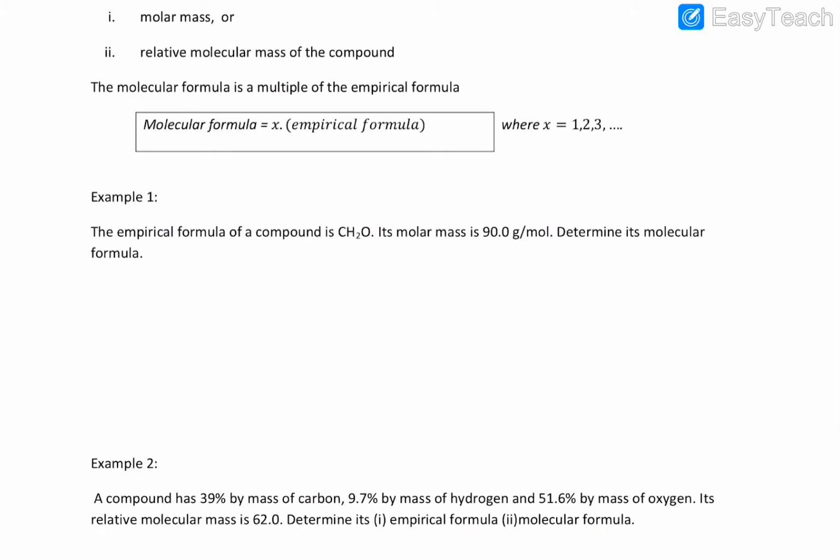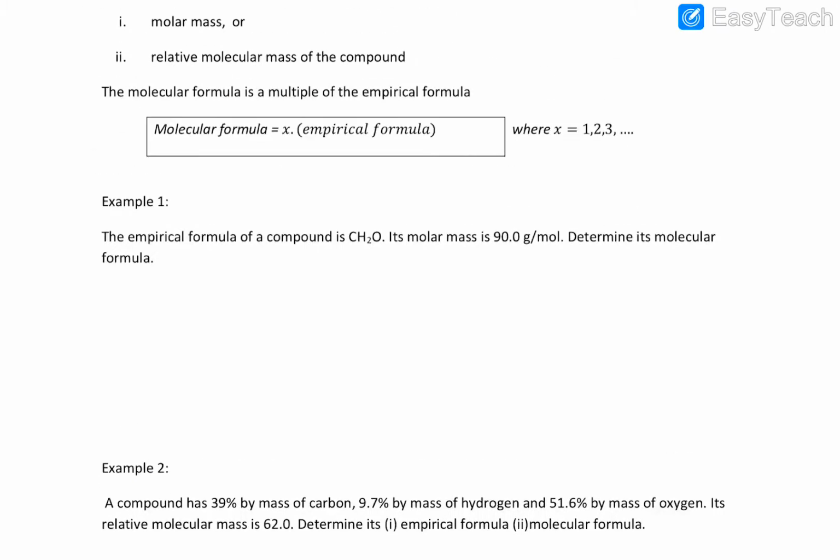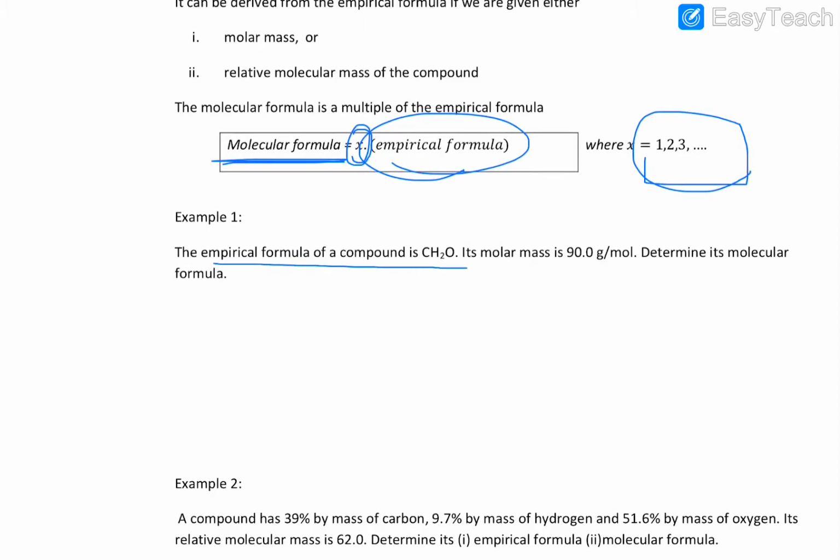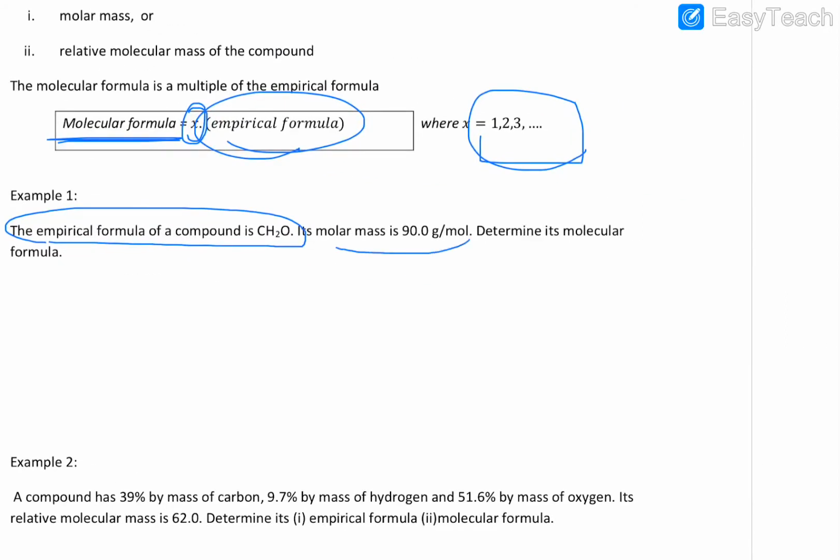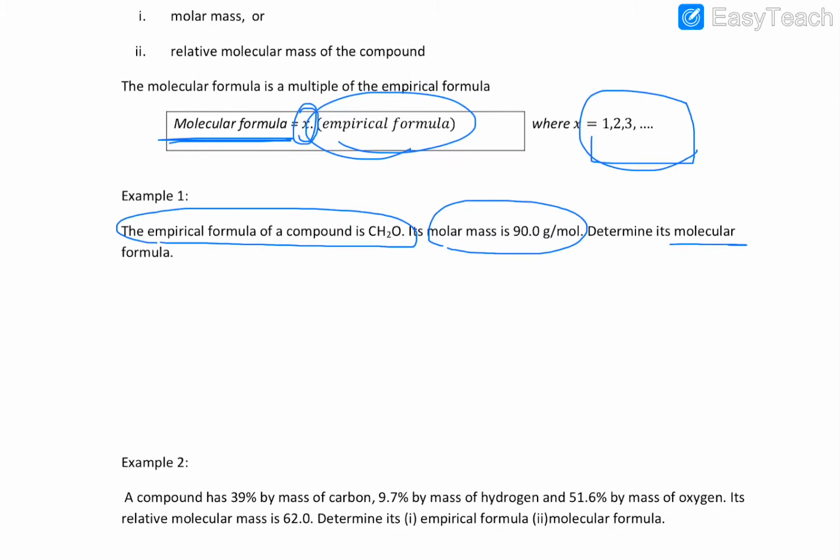Here, the molecular formula is X, which is any integer number, multiplied by the empirical formula. So let's see how we do this. The empirical formula of a compound is given in this case. The molar mass is given. You need to find the molecular formula.